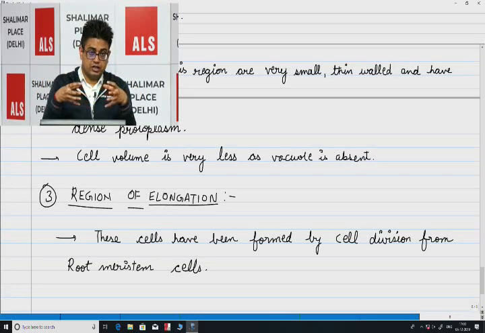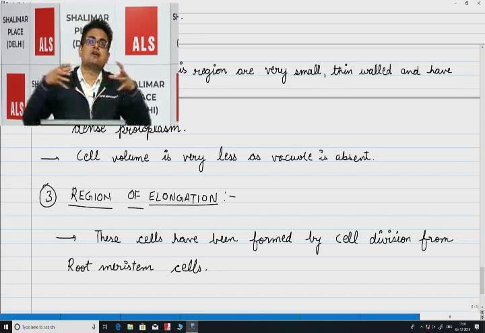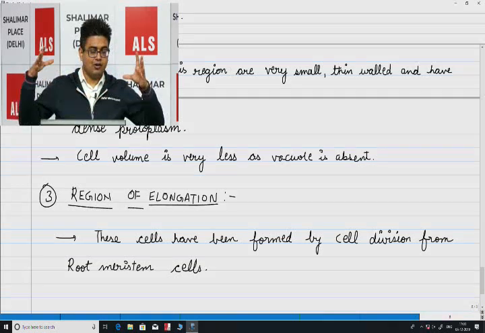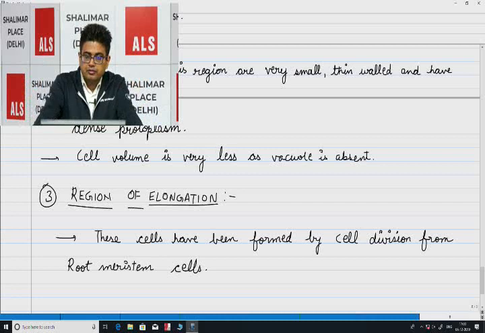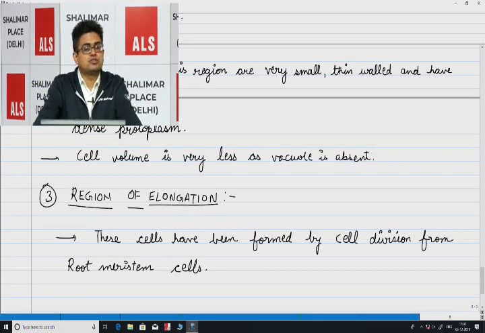It will grow thicker; previously, it was very thin. After elongation has finally happened, we get a long, elongated cell having the maximum cell volume, but no cells of this region will develop root hair. The cells are not fully matured.